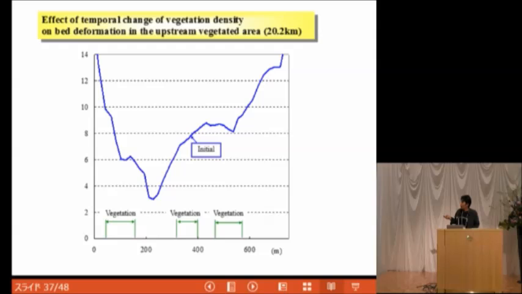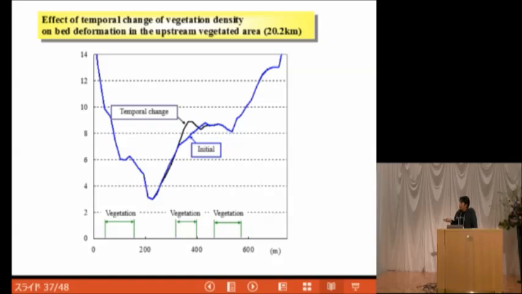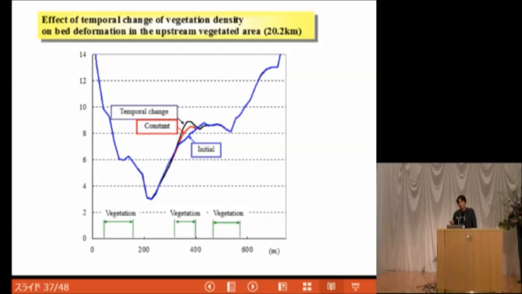In the upstream vegetated area, the difference becomes much larger. When we consider the temporal change of the vegetation, sediment will be deposited near the main channel. If we do not consider the temporal change of the vegetation, sediment also deposits here, but the deposition depth is smaller.